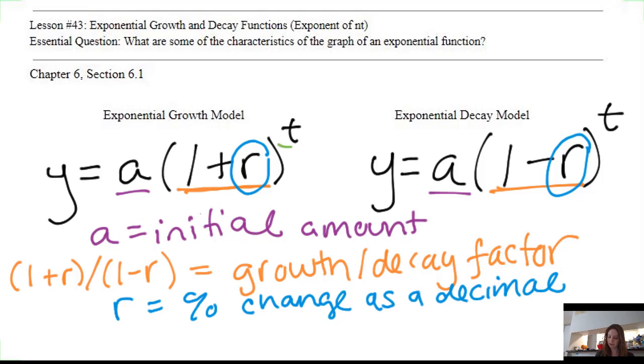And t is equal to the number of time periods.